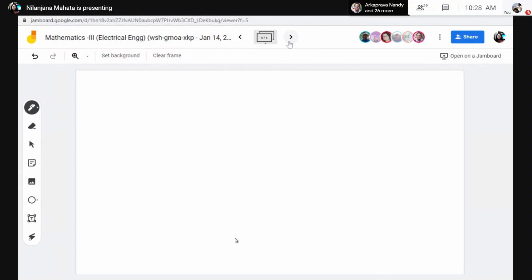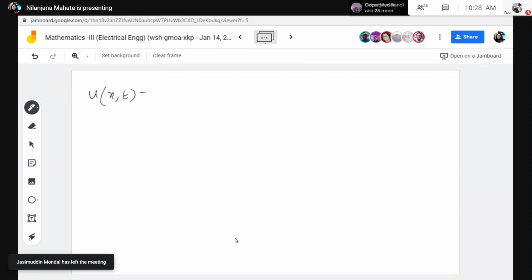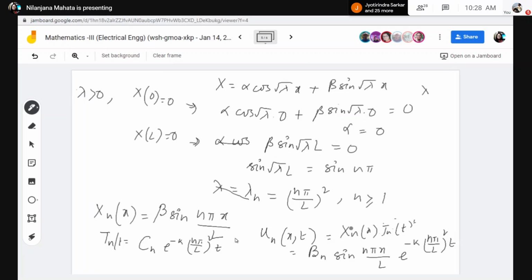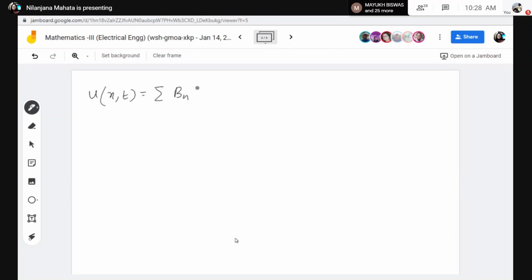Okay, so I have found out all the u_n. So now u(x,t) is the superposition of all the n, so I will have b_n sin n pi x by l e to the power minus k (n pi by l) square t, and we will take all n from 1 to infinity.